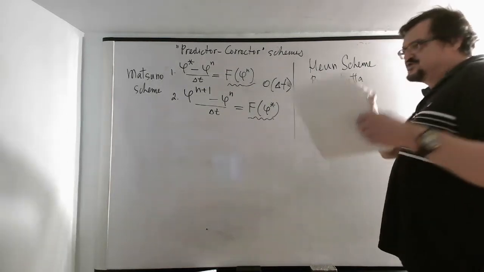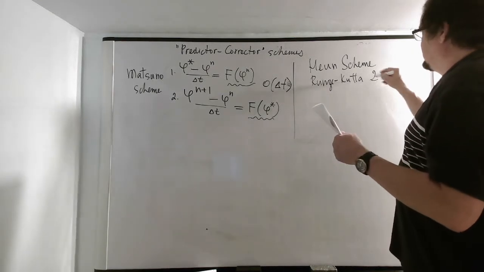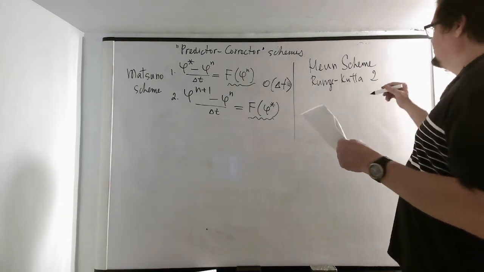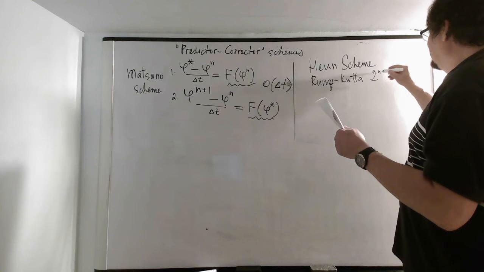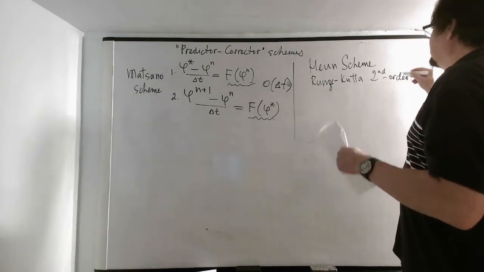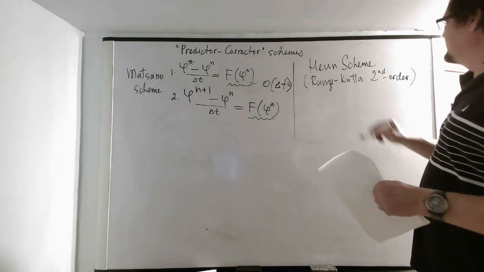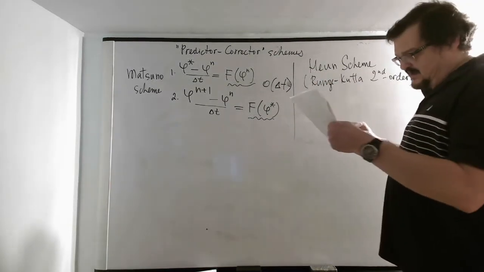Runge Kutta is a general family of schemes, and probably Heun came up with a scheme before Runge Kutta, and second order was generalized, so that's why it's called by his name. So it's another Runge Kutta second order. So it's a Heun scheme, and it's the following.